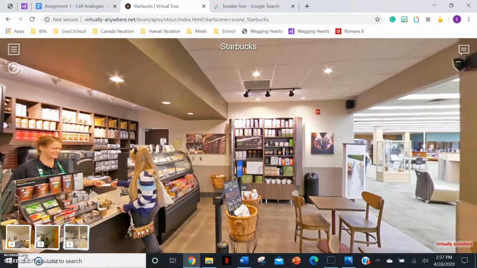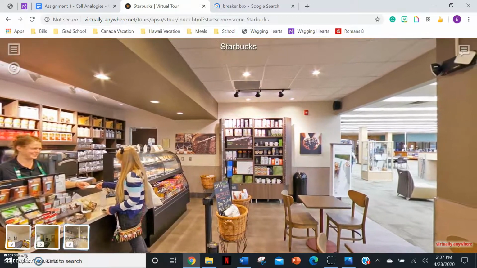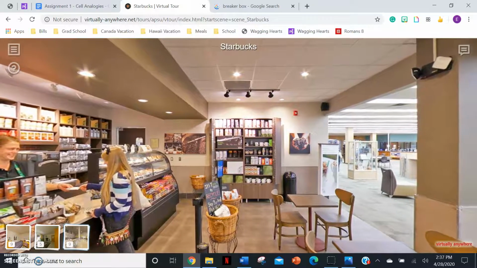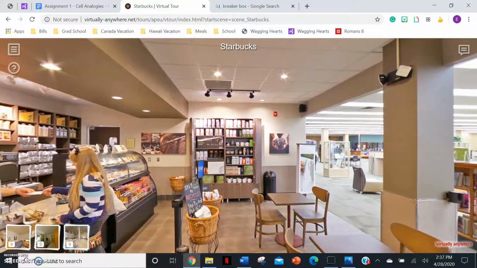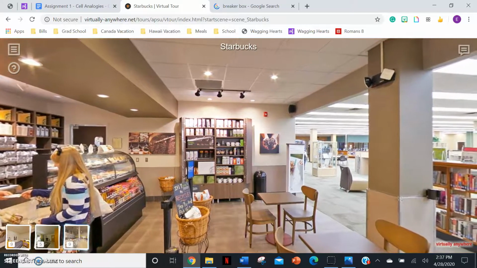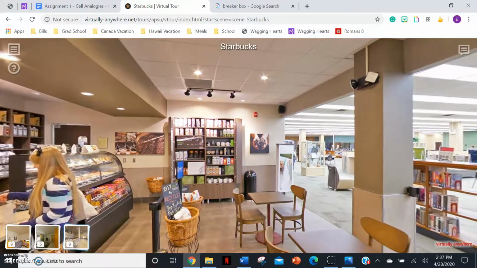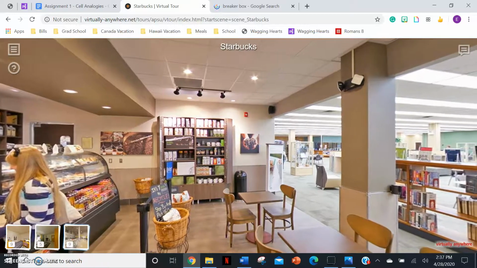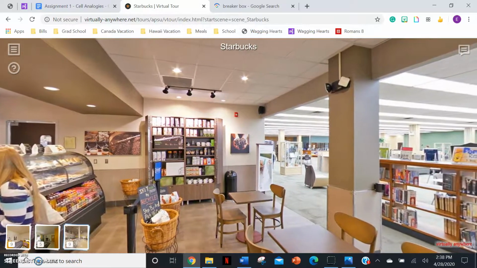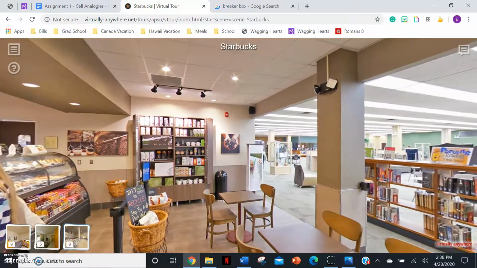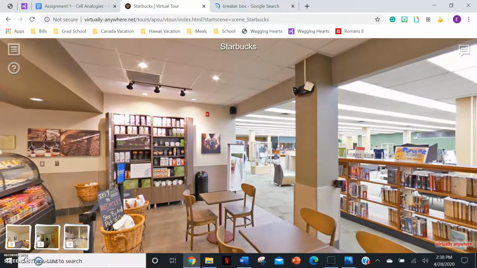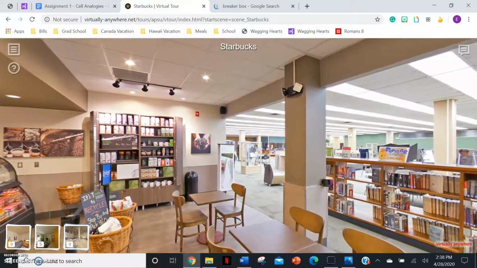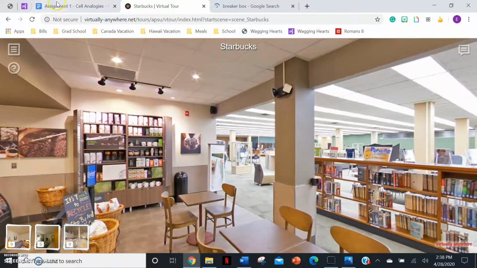But I imagine at night they probably drag one of those chain link doors across so people can't get in. Doors can either prevent people from coming in and out, or they can also allow people to come in and out. The door controls who's going to come in and outside of Starbucks. The same is true about the cell membrane. The cell membrane controls what goes in and out of the cell.